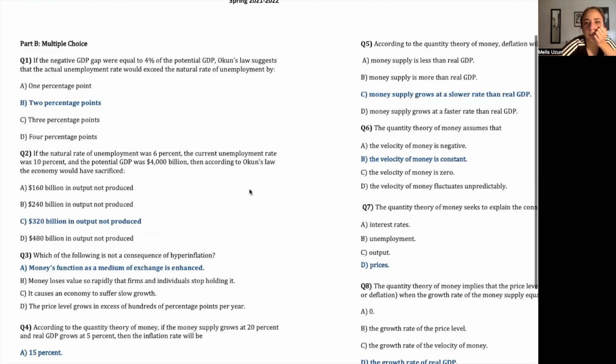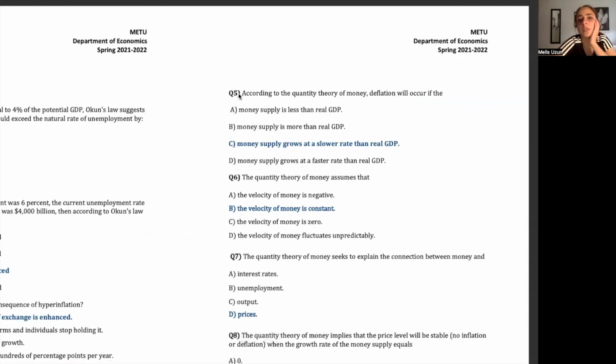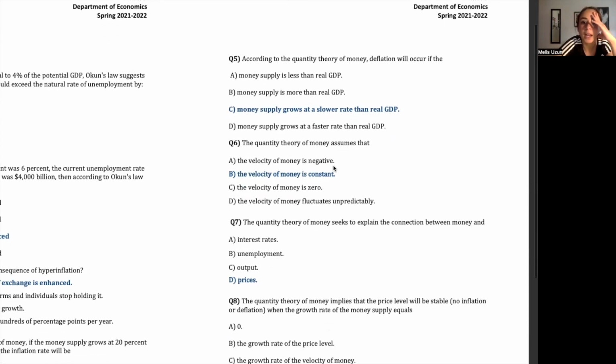Let's look at the fifth question. According to the quantity theory of money, deflation will occur if money supply grows at a slower rate than the GDP, and inflation will occur if money supply grows at a higher rate than the real GDP.